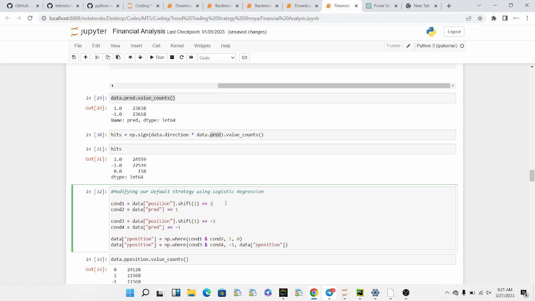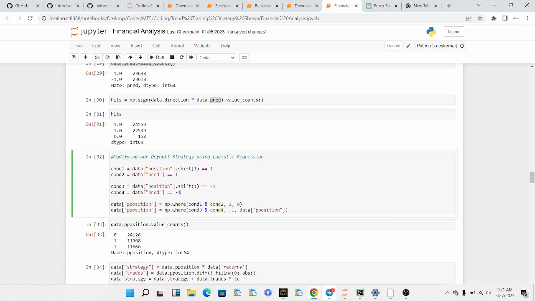So where both values are buy positions, we want to go into a buy trade. We are checking for where both values were 1, and for the sell condition we are checking for where both values were -1. You can see it like a double check, and we created a new column called P position.